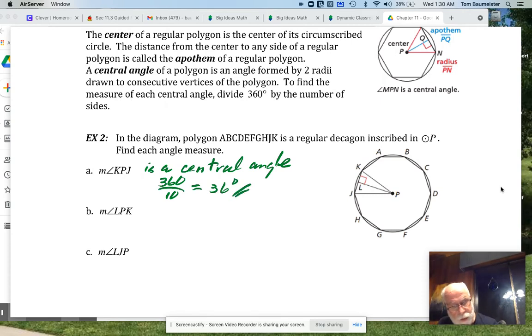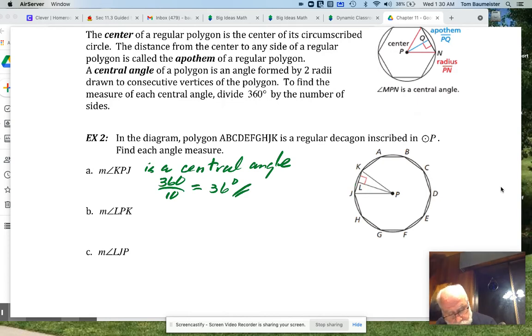All right. Now the measure of LPK. So L, P, K. So it's taking the apothem. So remember, the apothem cuts the side and it cuts the angle. It bisects it.